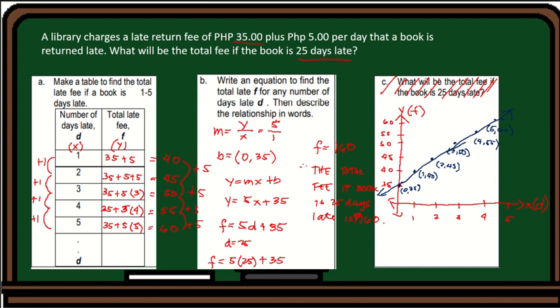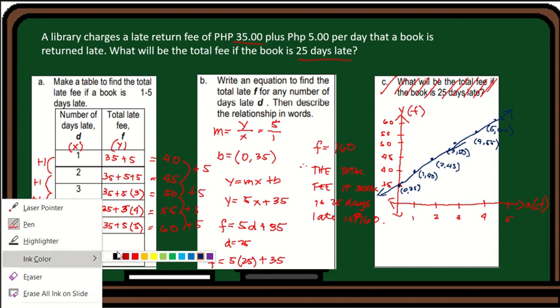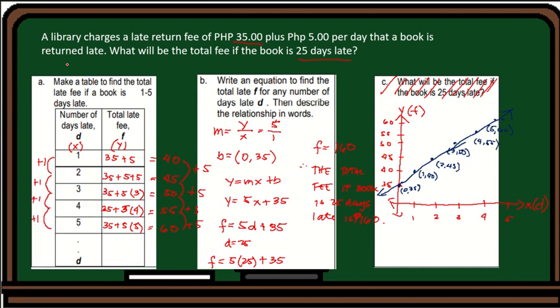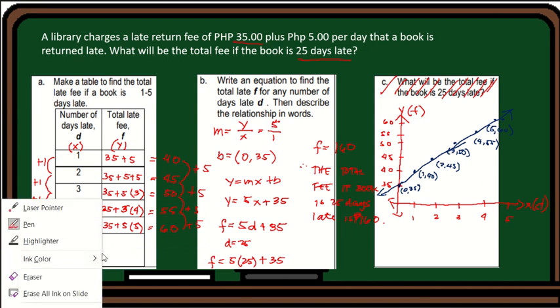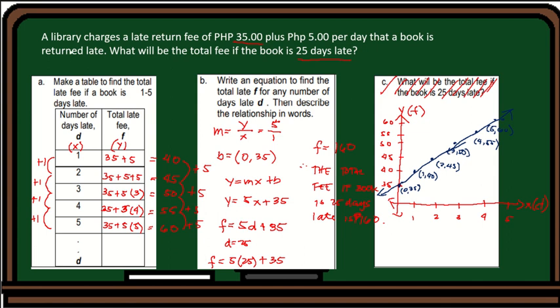So we have the numerical model, which uses the table or the listing of ordered pairs in your problem. The second will be the analytic model, which will be the equations, and the last is the geometric model.